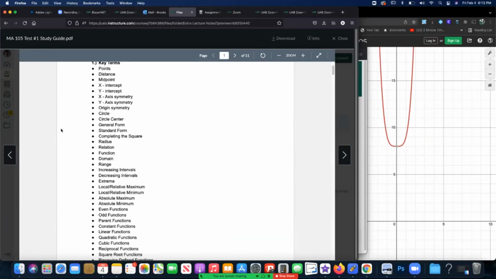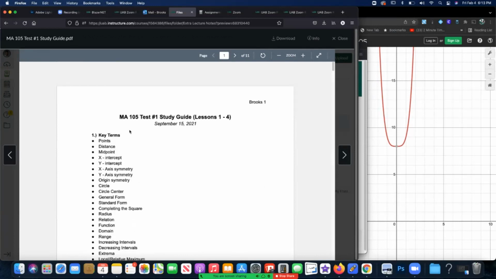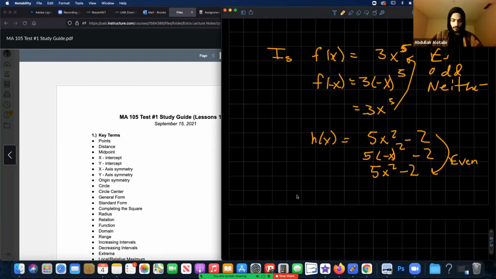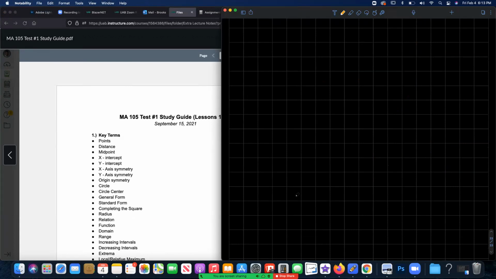The other thing is, for example, the distance and midpoint formulas are not necessarily needed, even if you don't remember them exactly.